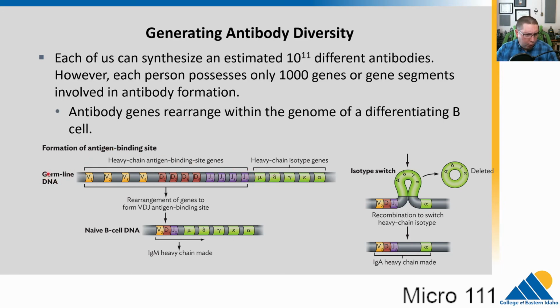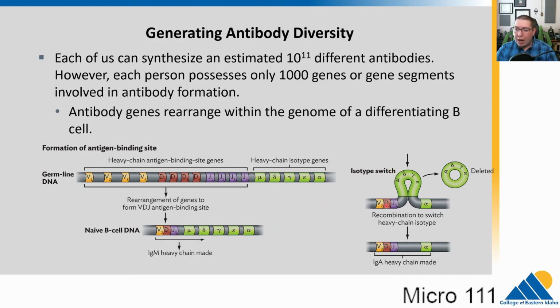When this cell differentiates into a B cell, it picks different parts to put together. So V2, it picks that, and D4 and J3, it puts all those together. And then it's got all the different heavy chain bits. This is M, D, G, right? All the different antibody types, the isotypes.